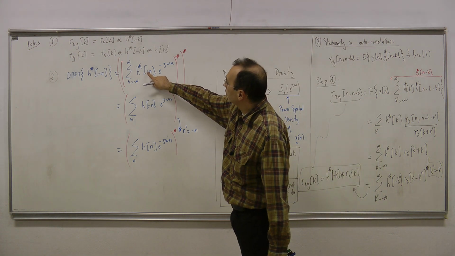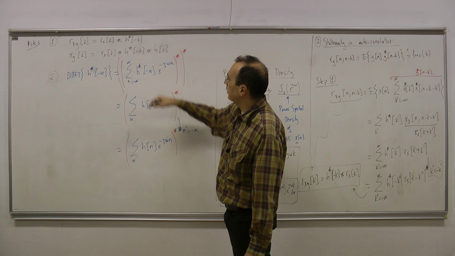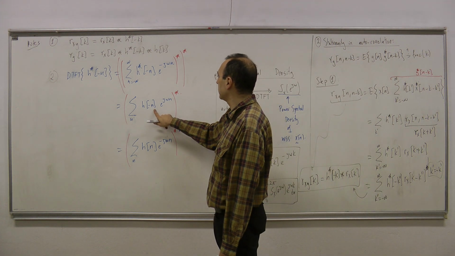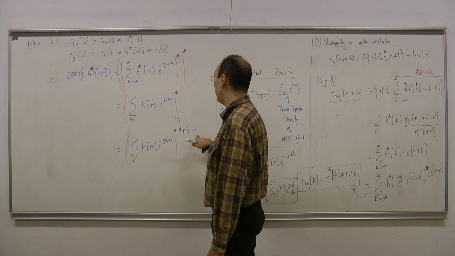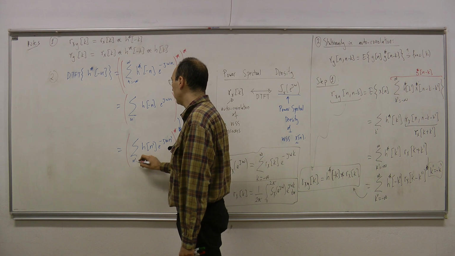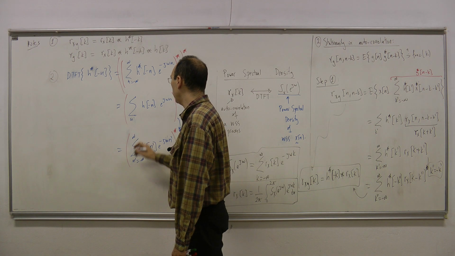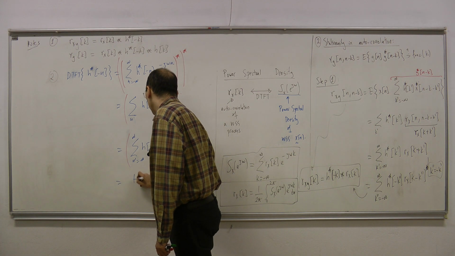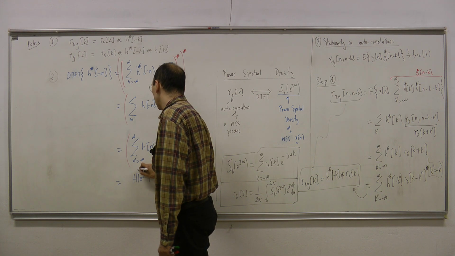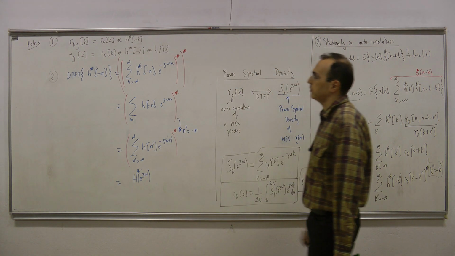This is a prime variable, again minus infinity to infinity, and this is h of e to the j omega, just conjugate. Okay, that is it.